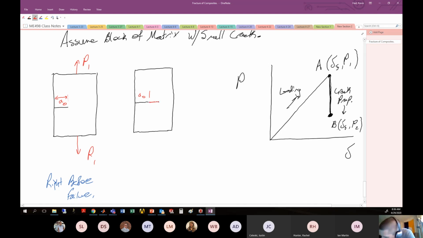Now this will have grown by some additional amount. Let's highlight this in red, and I'm going to really exaggerate this. This has grown by an amount which we call delta A. So the crack has gone from the original amount, A0, to a new length, A0 plus delta A. And that occurs as you jump to this new load, P2, where P2 is less than P1, because we're relieving the load on the piece by creating this new fracture surface.